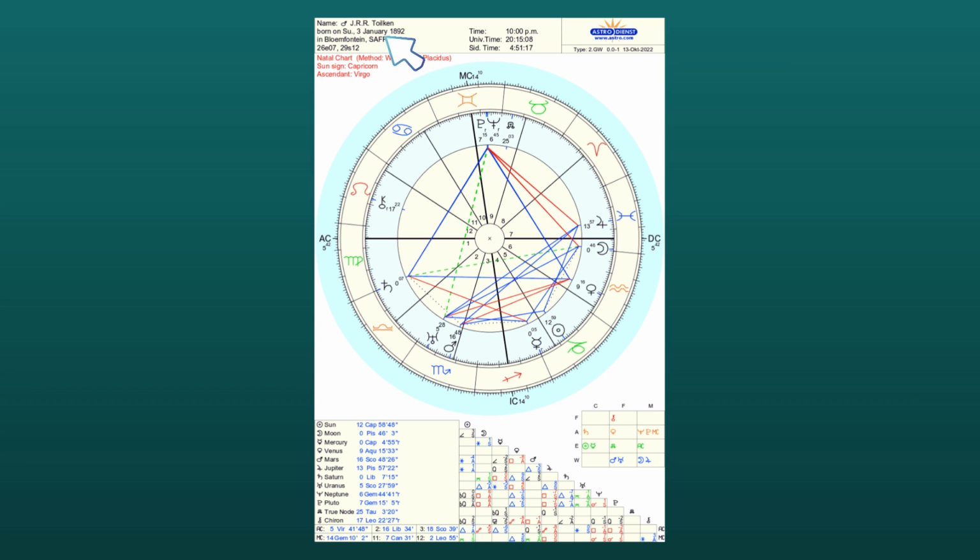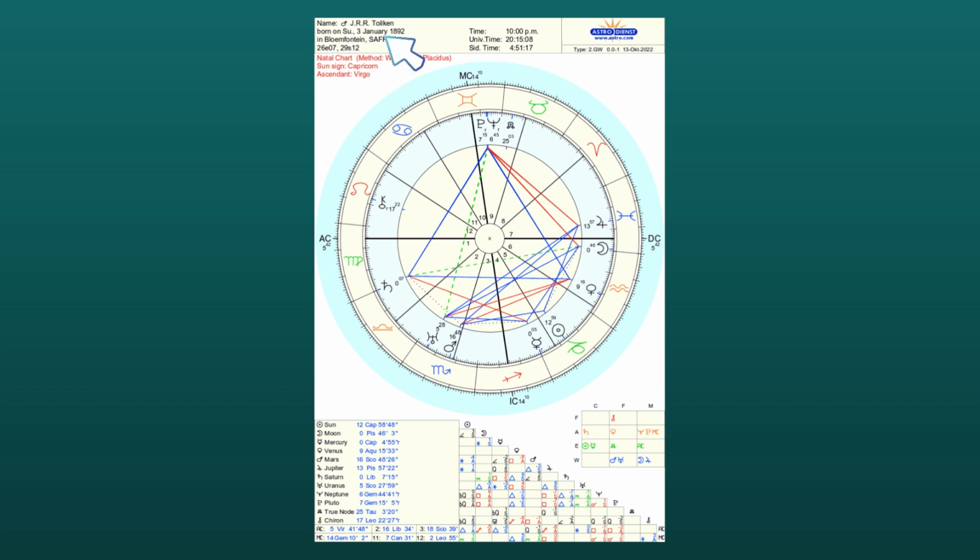So we will just do this example, which I've used Tolkien's chart, and the type of chart is going to be in tropical. I don't want to muddy things right off the bat, so we'll start with the top of the chart.